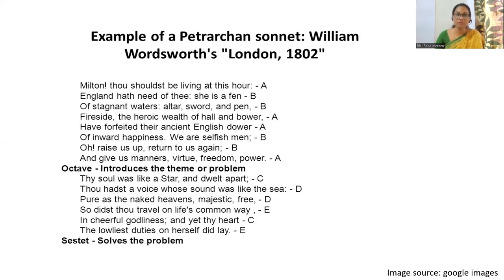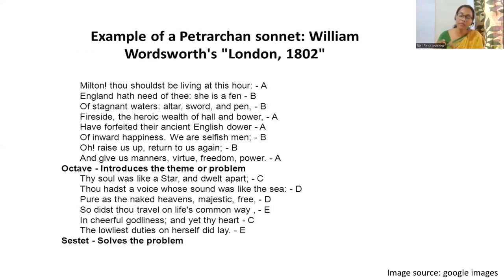As you can see, the first 8 lines introduce the theme or problem. You can also see the rhyme scheme is mentioned there. The rhyme scheme followed for the octave is A, B, B, A, A, B, B, A. It introduces the theme or problem, and the following sestet solves the problem.